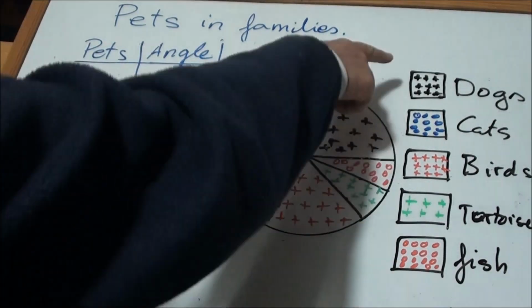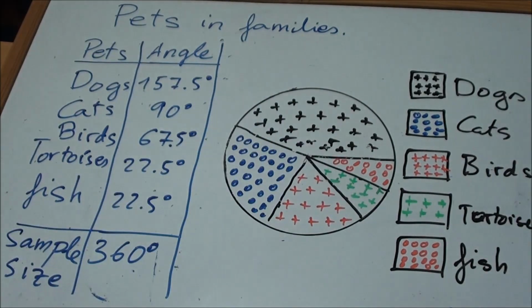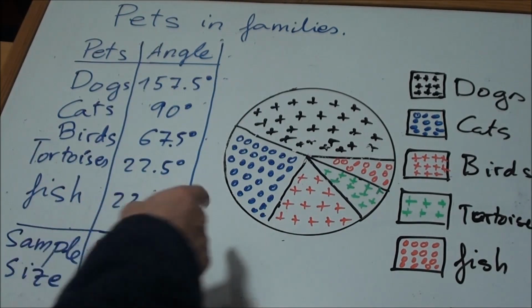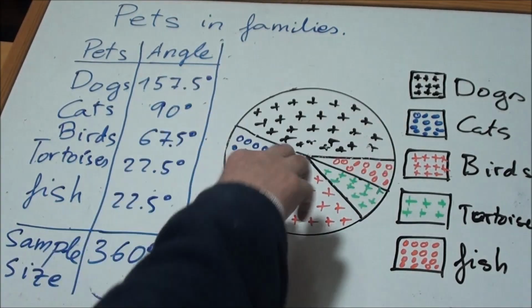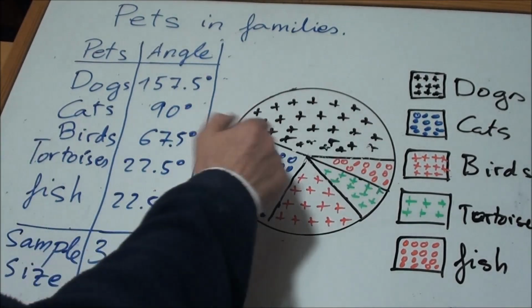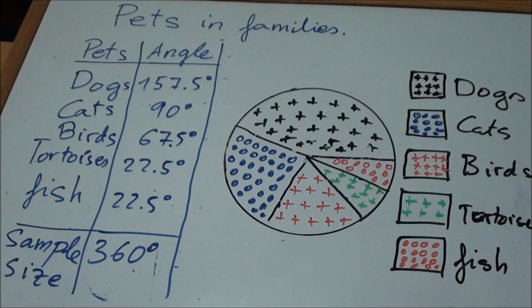And don't forget to put the key next to the circle so everybody knows what is there, and this gives us a very good idea of the proportion of the different types of pets, because at a glance you see the circle and which part of the circle is covered by each of those pets. Okay, so this is how you do a pie chart with the angles, and you know already how to get the angles. So that's all. Simple, isn't it?